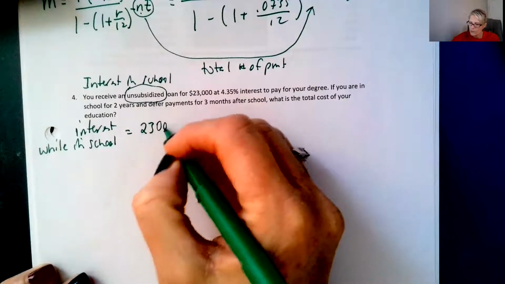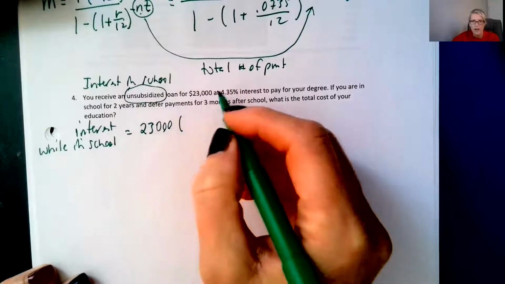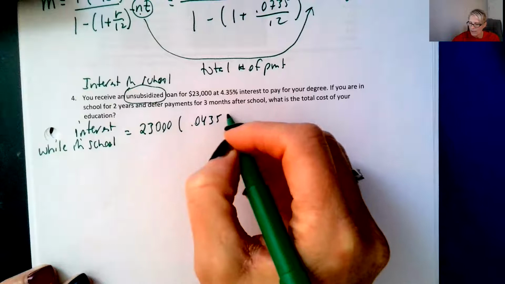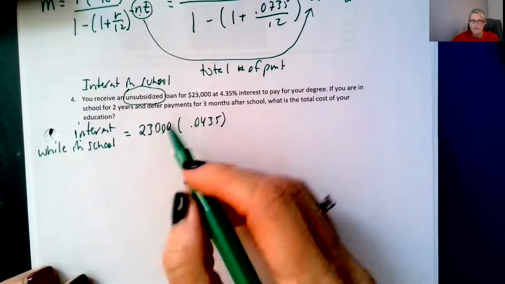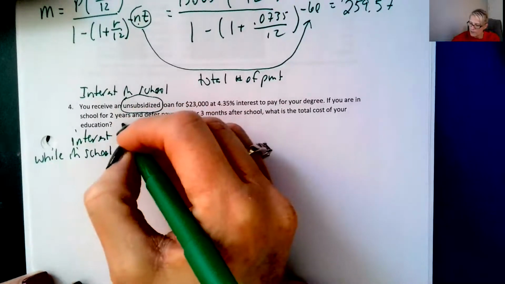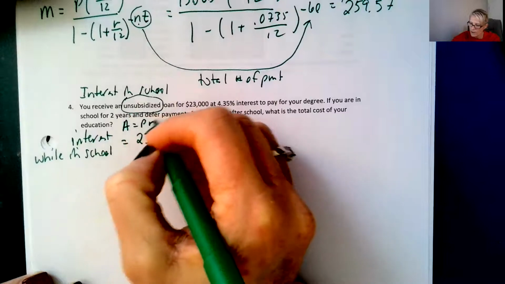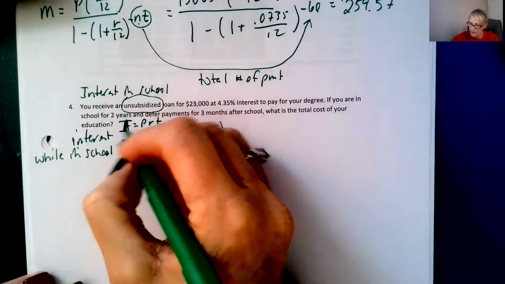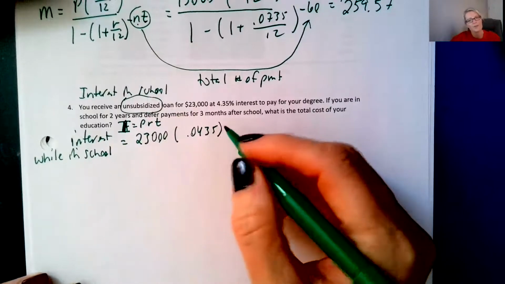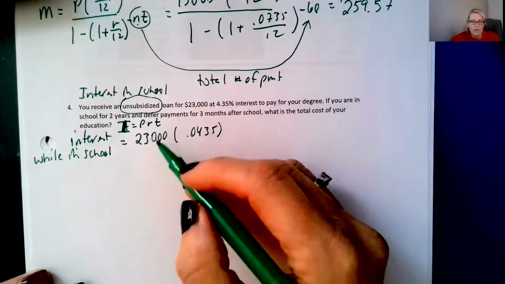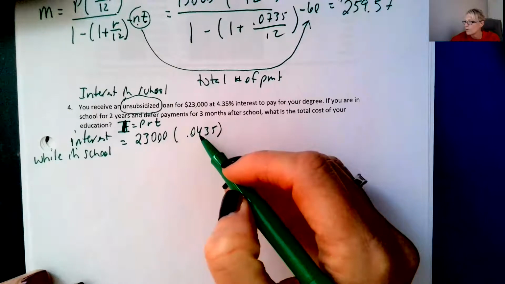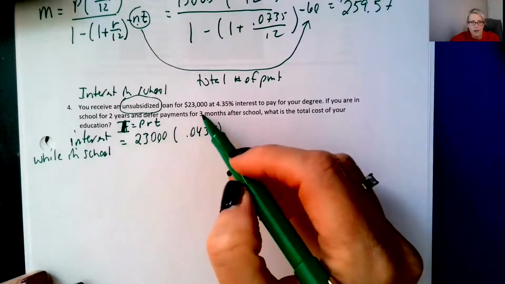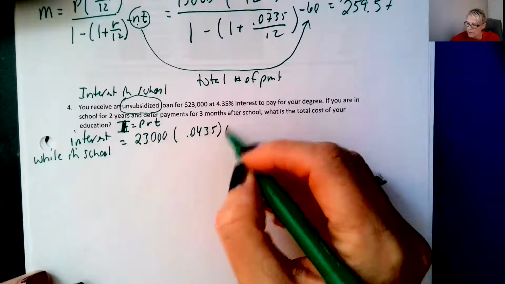So 23,000 borrowed up front at 0.0435. And remember, this is simple interest, and simple interest is, I'm sorry, not A, but interest equals PRT. We have what we borrowed, the rate, and then the time is 2 years plus 3 months, so that would be 27 months.